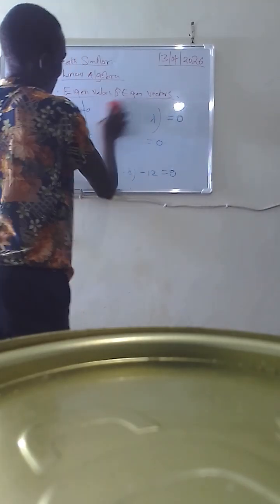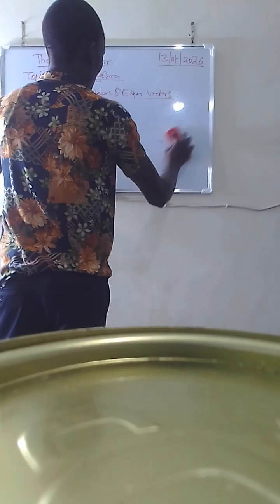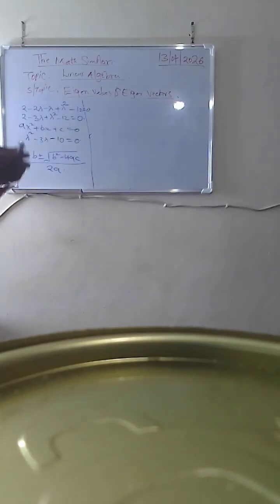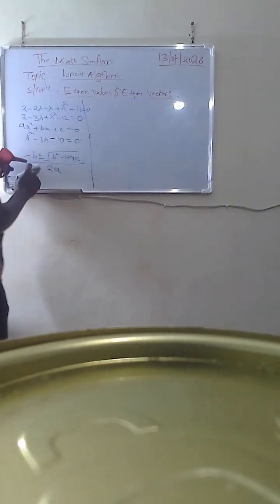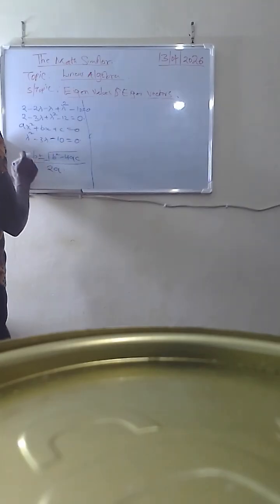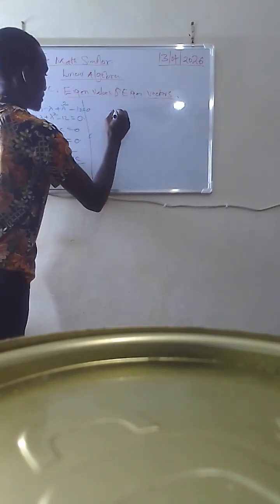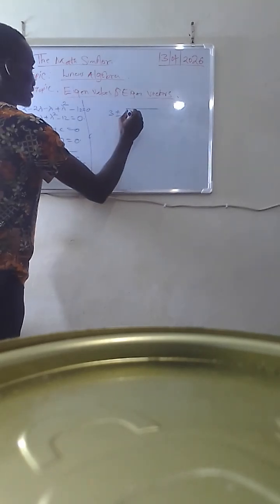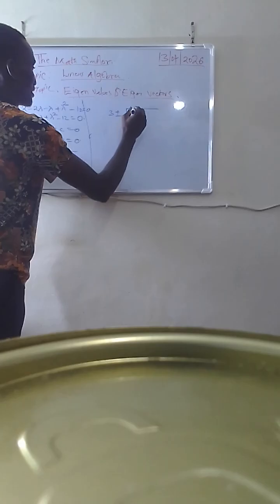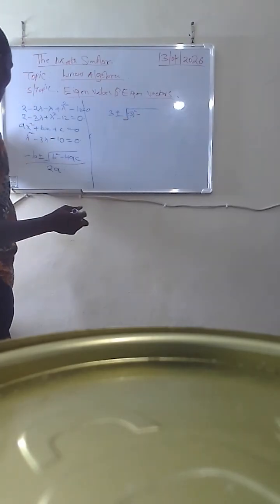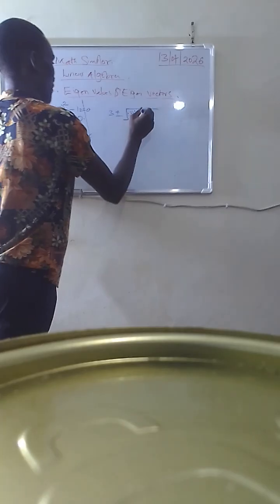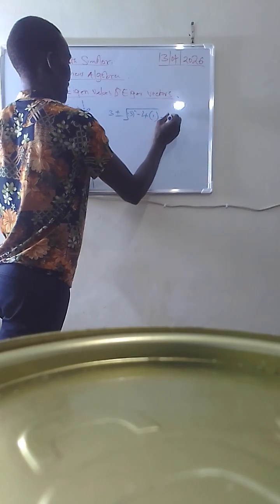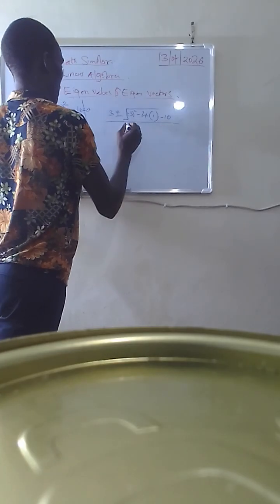To find the value of lambda, our b is negative 3. Negative by negative will be 3 plus or minus negative 3 squared minus 4ac, which is minus 10, all over 2.